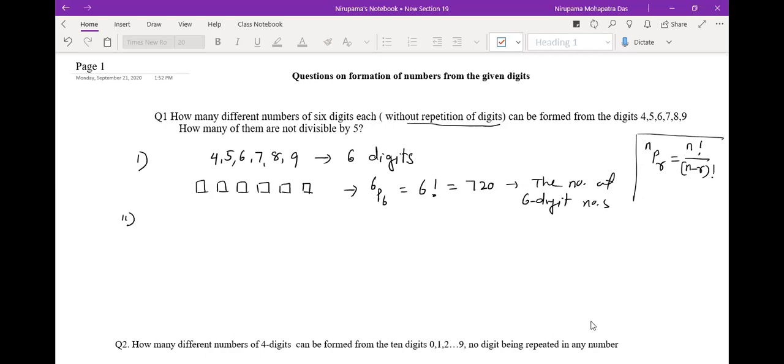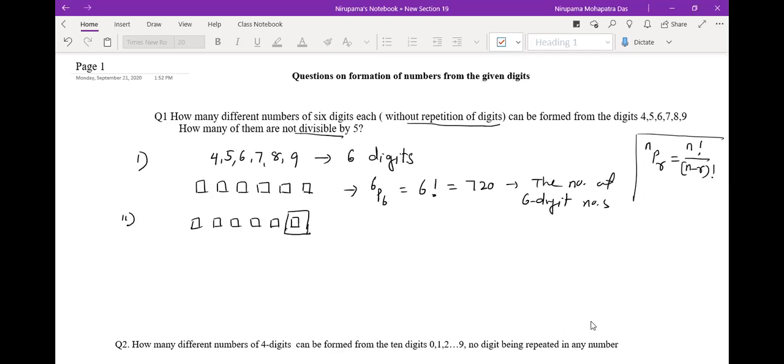The second part is how many of them are not divisible by 5. Again the digits are the same, 4, 5, 6, 7, 8, 9, and the numbers are of 6 digits. As you know, if a number is divisible by 5, the last place can have 0 or 5, but we do not have 0 here.